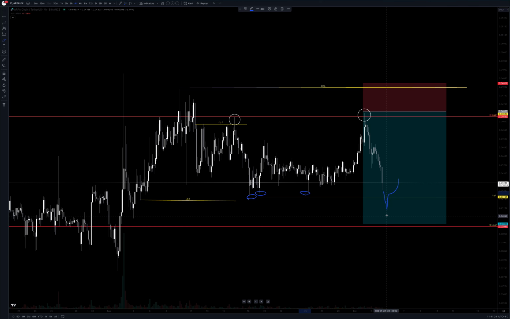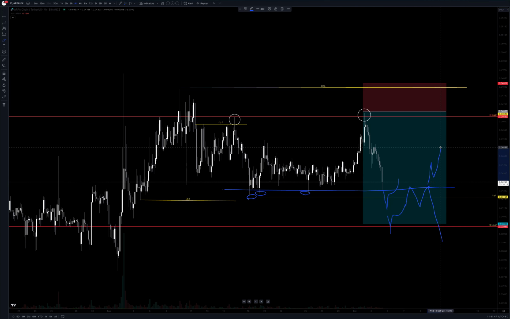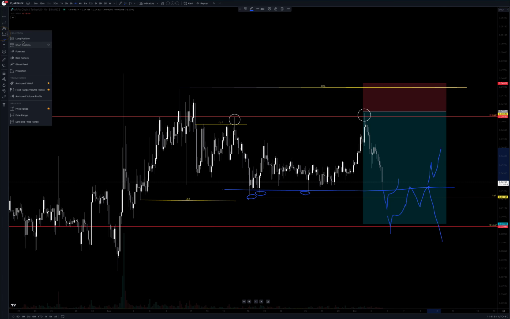Ideally, we want to see it take out the weekly here. We have some levels here, but this weekly, if we see it come down and then reverse, the problem is there's a lot of resistance here, and then we might come back further down or break through, and then that will be another trade. So we have a potential long trade here as well.